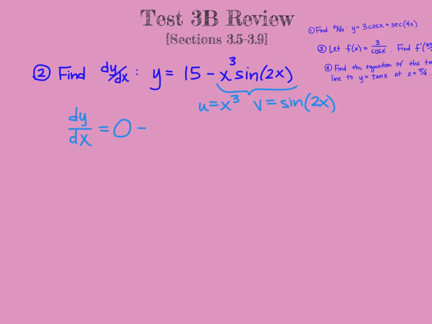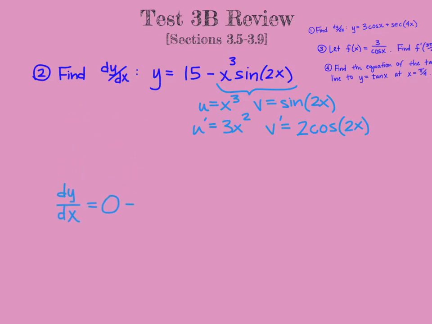So u prime, using the power rule, is 3x squared, and v prime, using the chain rule, is 2 cosine of 2x. So, using our product rule to write our final answer, it's minus this whole thing in here. We have u times v prime, so x cubed times 2 cosine 2x, which is 2x cubed cosine of 2x, plus v u prime, so the sine of 2x times 3x squared.